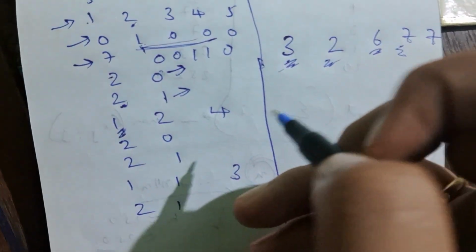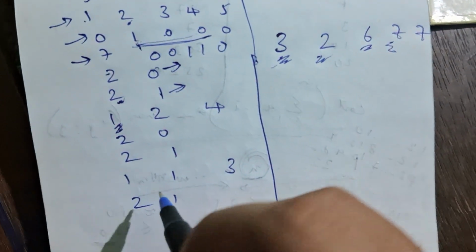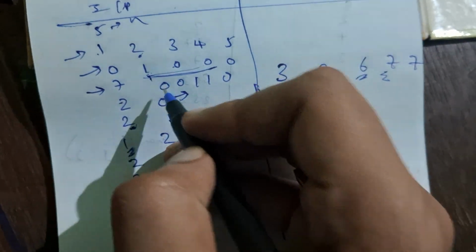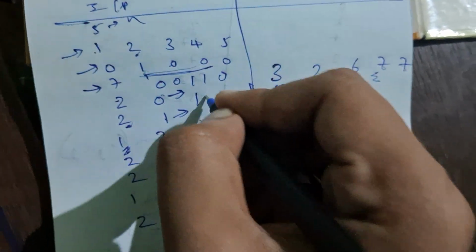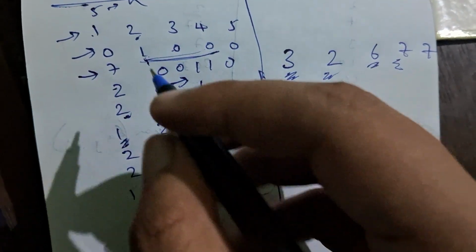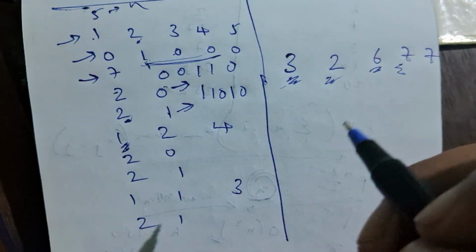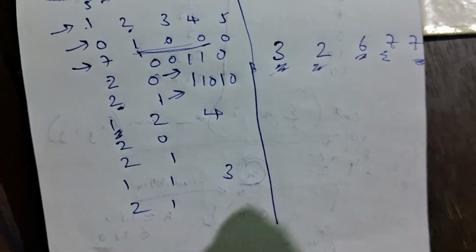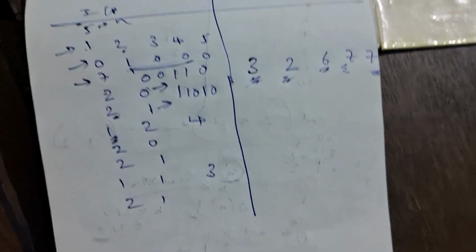Now again we are going to change the values of 1 to 3, so that becomes 1, 1, 0, 1, 0. Now for the positions with 1, that is 1, 2 and 4, the XOR of 1, 2 and 4 is 7. I hope this is clear.